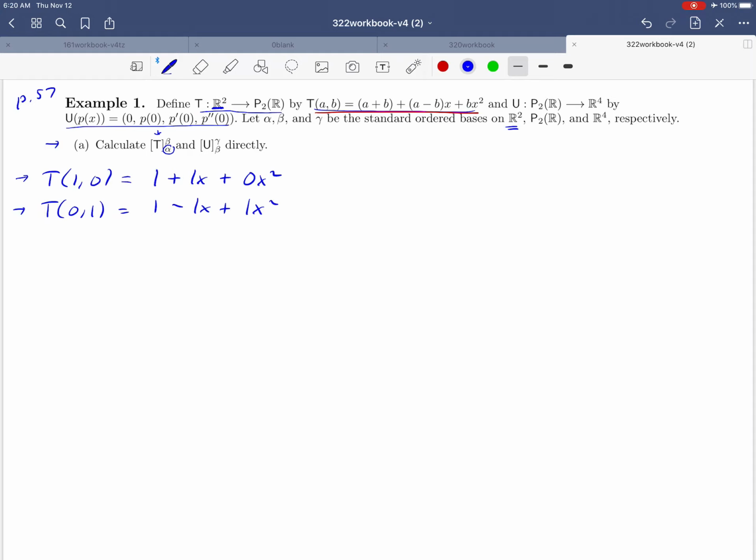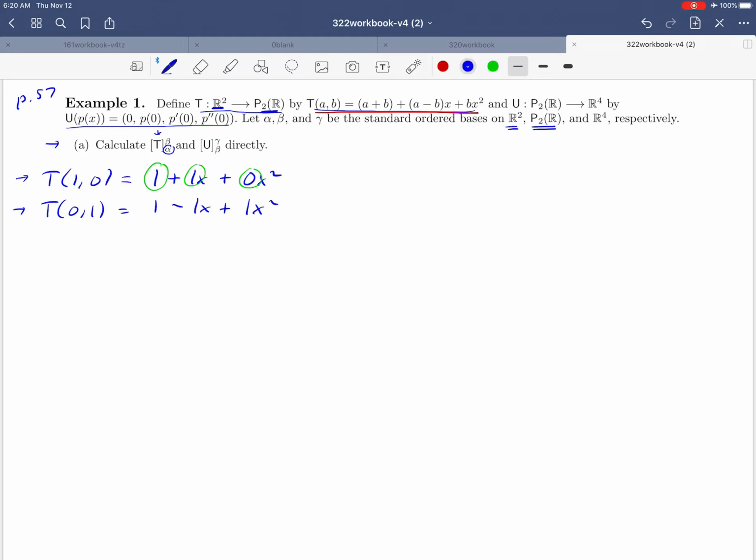To make our matrix, notice that our codomain here is P2(R), so we're talking about the standard ordered basis of P2(R), which is just 1, x, and x squared. To get the columns of our matrix, we just look directly at these coefficients.